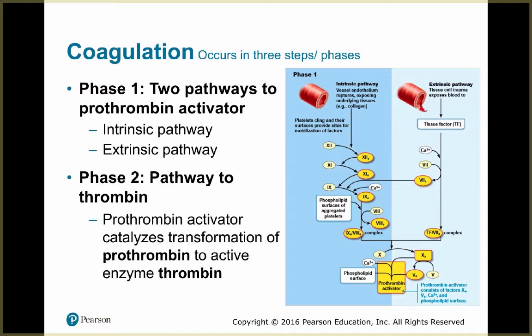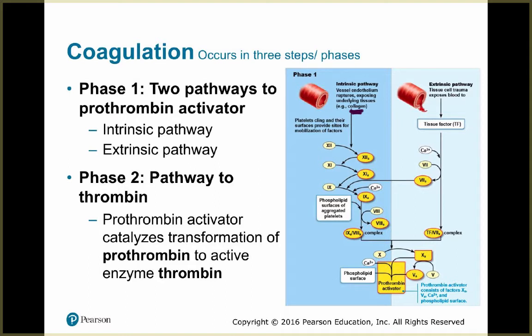So in the intrinsic pathway, we're basically looking at the endothelium of the vessel rupturing, exposing the underlying tissue like collagen.